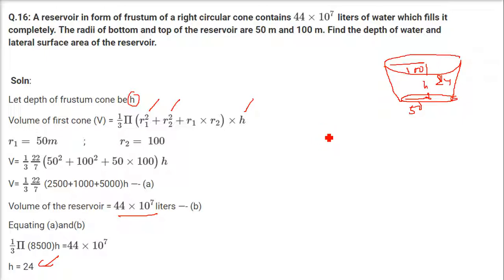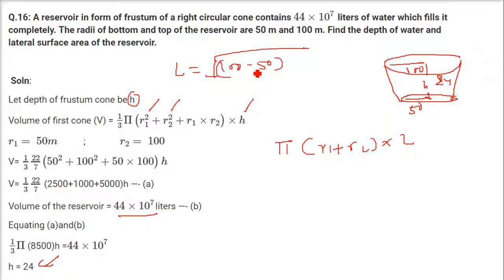Okay, now I'll just write the formula, and I expect you to do it. The lateral surface area, that is the curved surface area. Lateral surface area is curved surface area. Total surface area is the total area. So lateral surface area will be pi into (R1 plus R2) into L. Now this L has to be found out using 100 minus 50, that is R1 minus R2 whole square, plus the height square, 24 square.